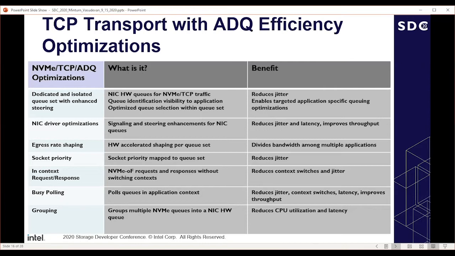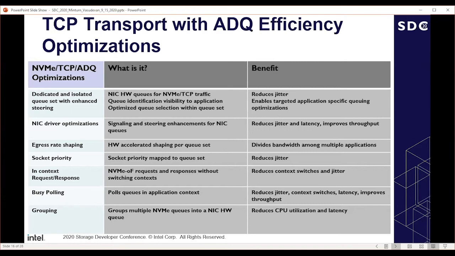Specific queue identification within this queue set enables the NVMe worker thread to align with a hardware queue, creating essentially a single producer-consumer model between a queue and the thread for all the traffic that is being handled by the thread.